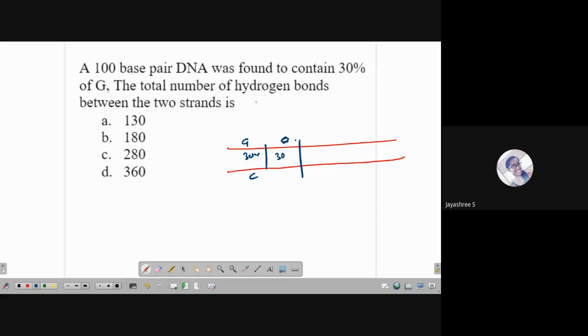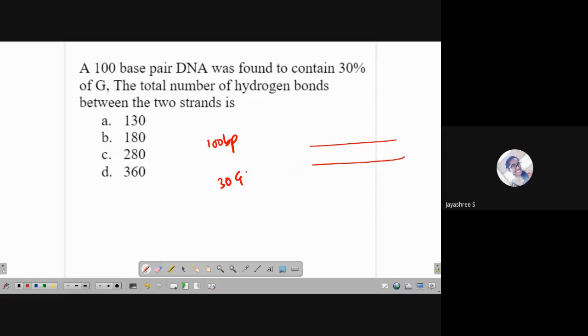When you say 30% of 100 base pairs, I will just say there are 30 Gs. Is that clear? Is that simple?